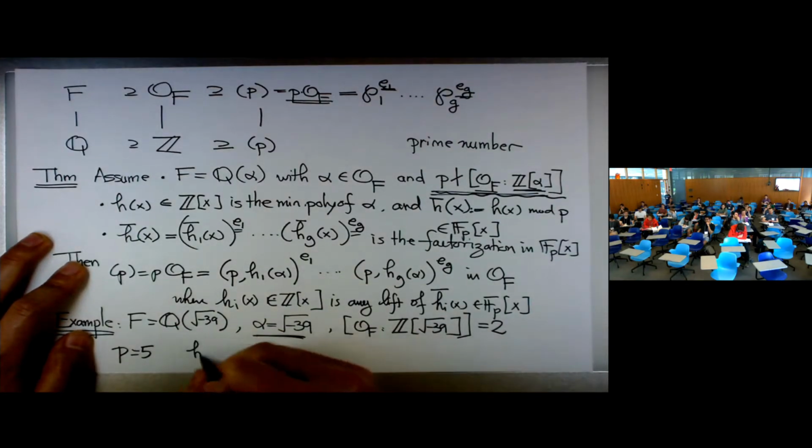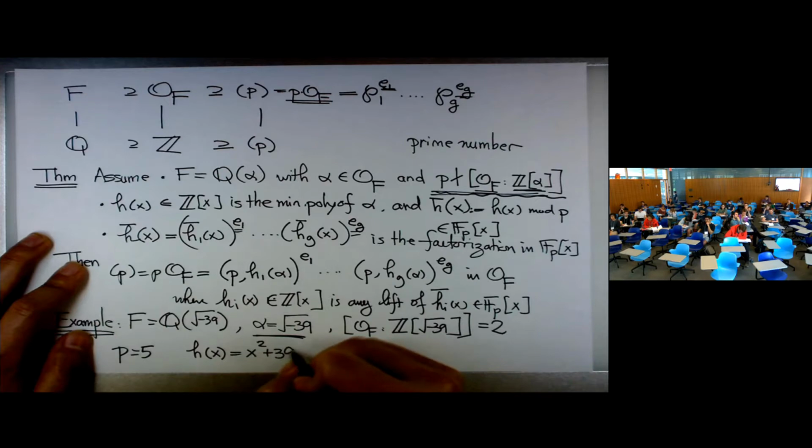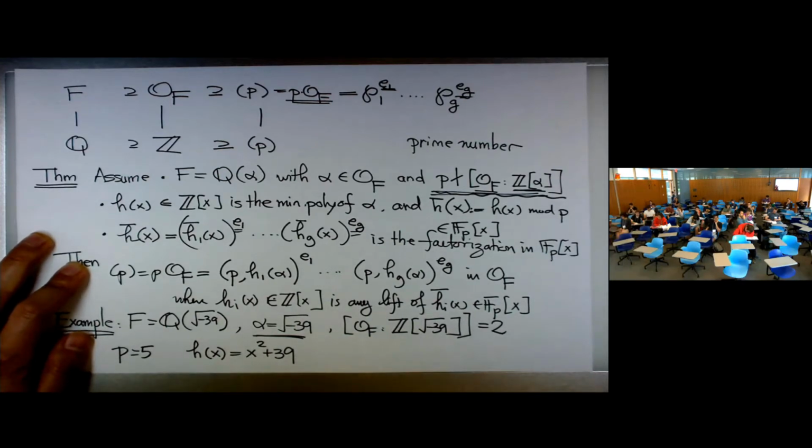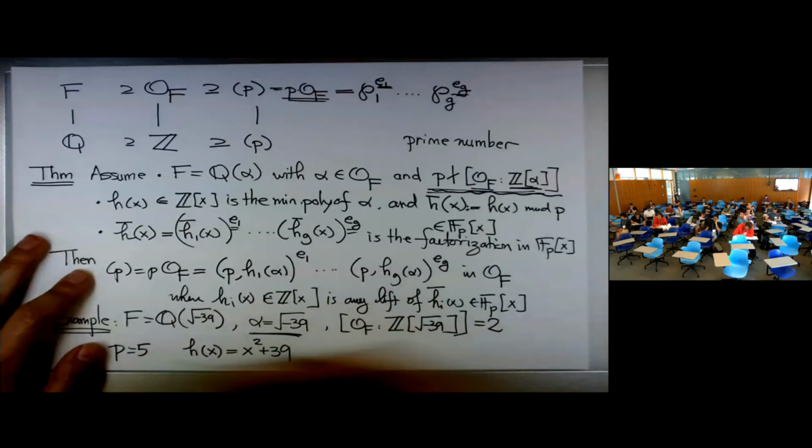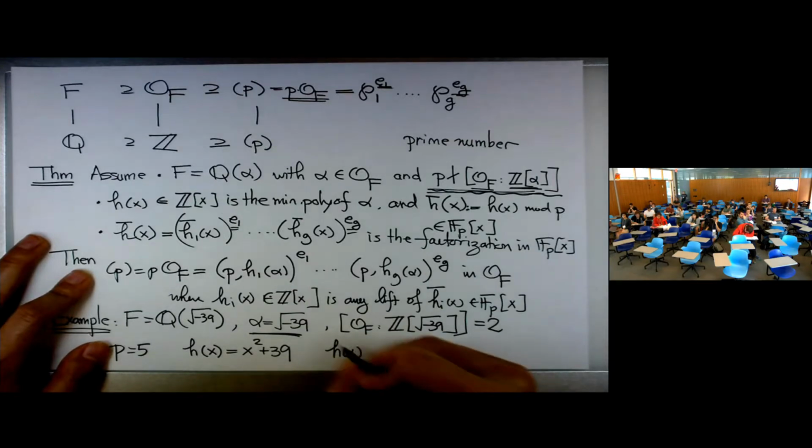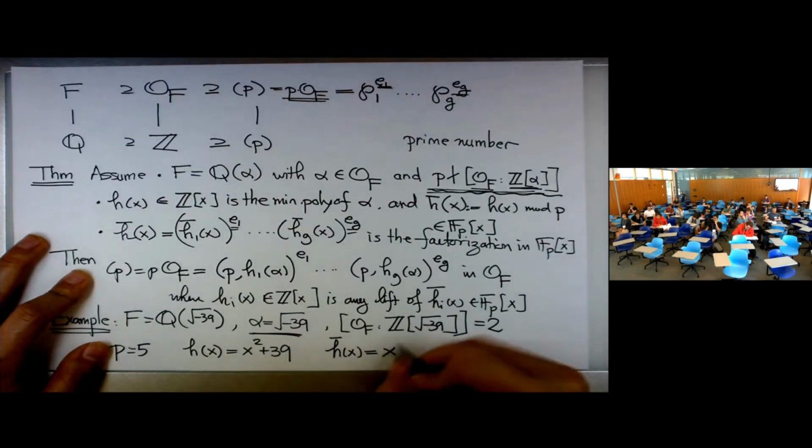Well, in this case, the minimum polynomial of root of negative 39 is obvious, x squared plus 39. Right? So now I want to mod 5. So when I mod 5, this is, what's the best way? Minus 1.